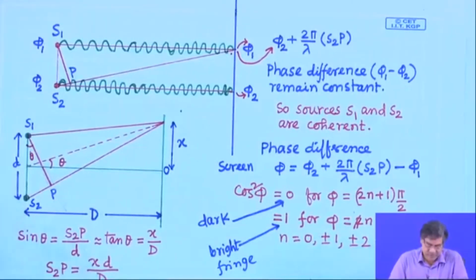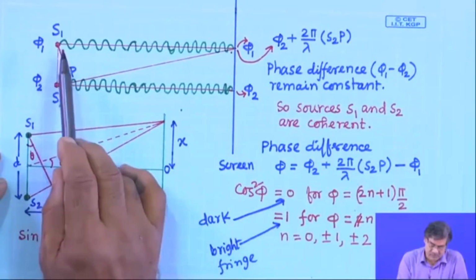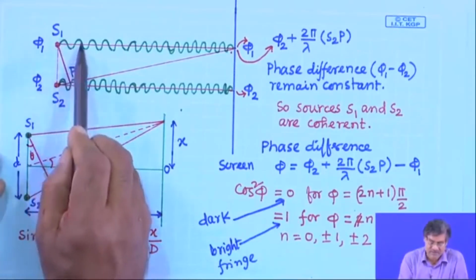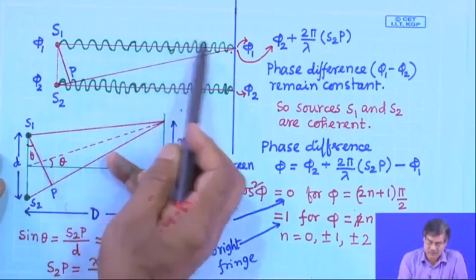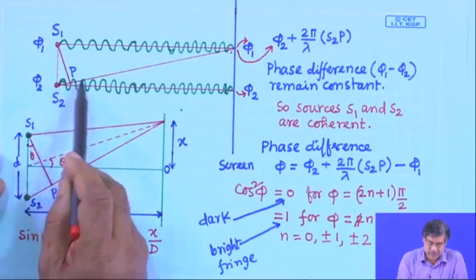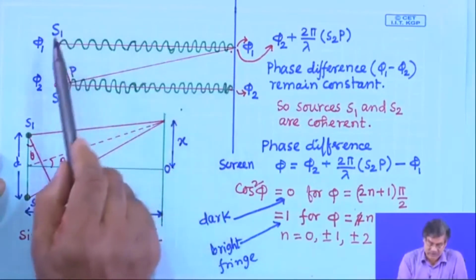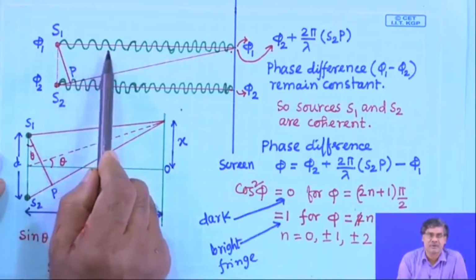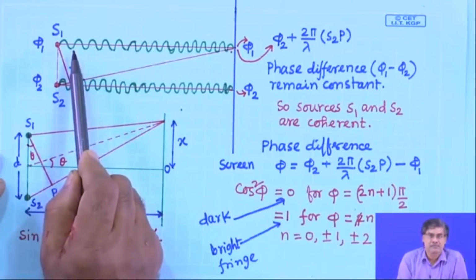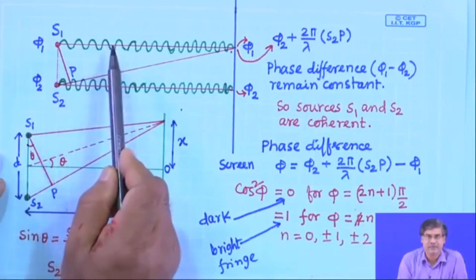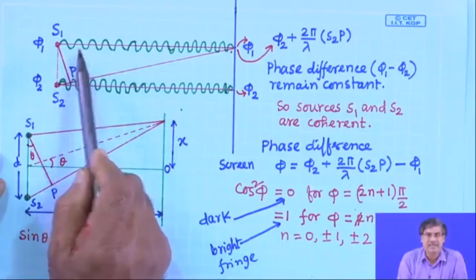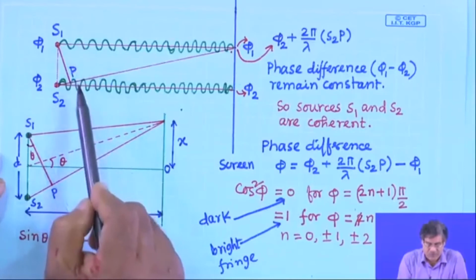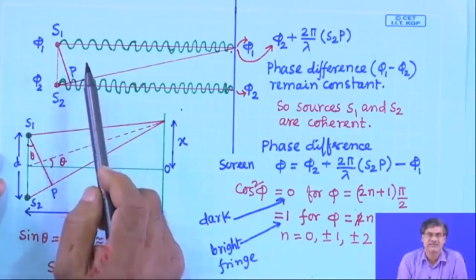So, basically, if you see two sources, it is generating two waves. These two travelling waves have the same time period and same space period, meaning wavelength and frequency are the same for these two waves. Amplitude I have also taken the same, but it could be slightly different.